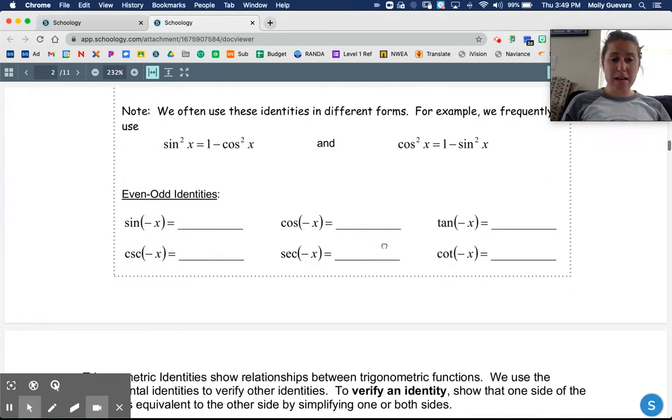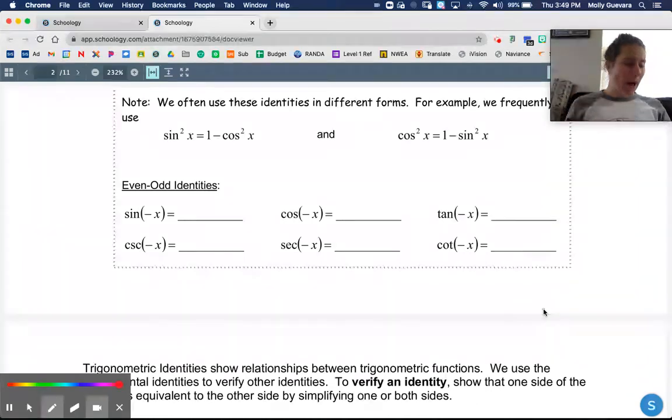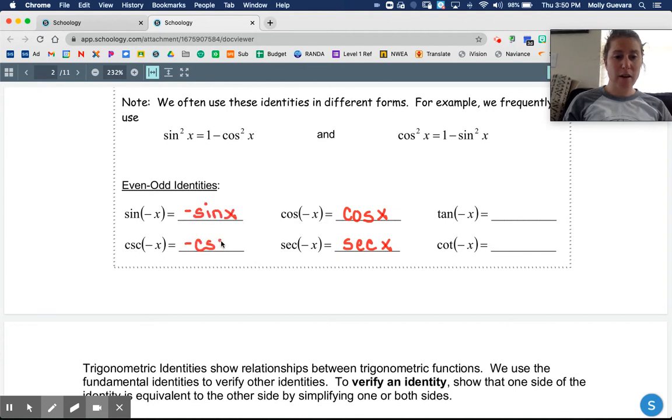And then the last one are the even odd identities. So if we think back, the only two trig functions that were even were cosine and secant. So this would just get me, if I plug in a negative value, I would just get positive, okay? All the other ones, if I plug in a negative x, it will make the function negative.